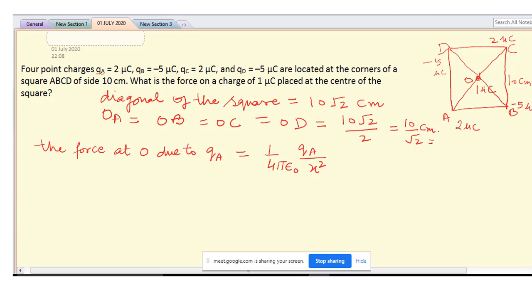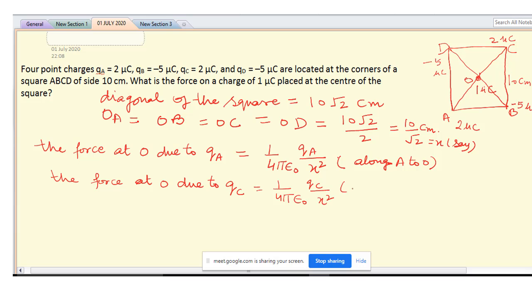Suppose this is x, and the direction is along A to O. Same way, the force at O due to QC is 1/4 pi epsilon 0 QC upon x square, along C to O. These two forces are equal and opposite.